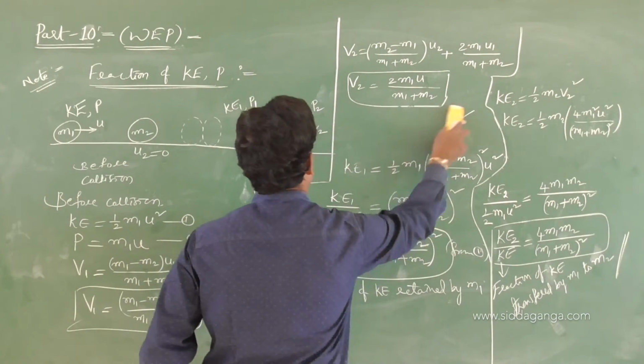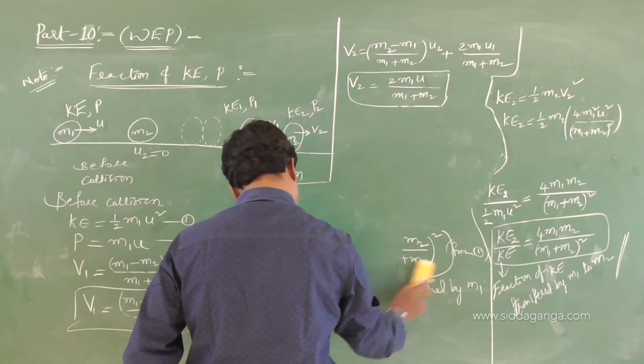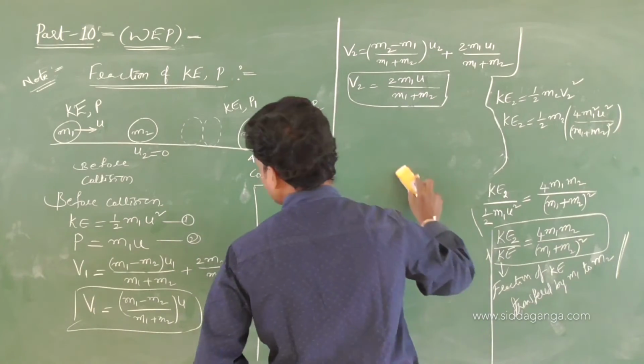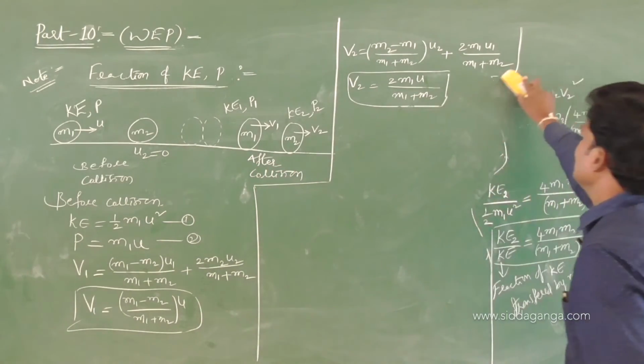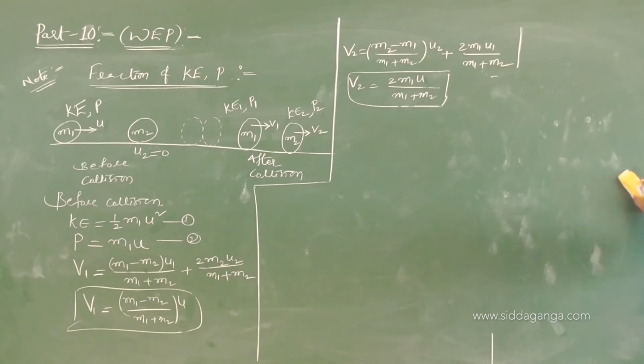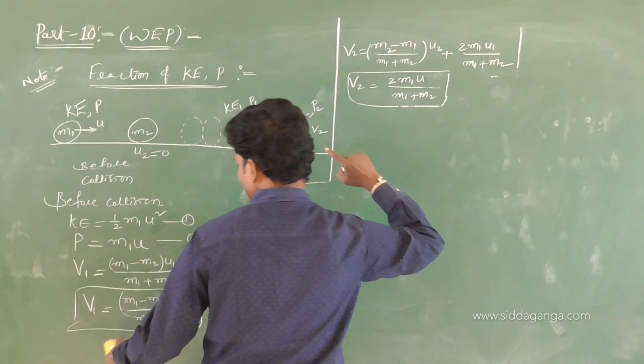See, in the same manner, you try to find the fraction of momentum retained by m1 and the fraction of momentum transferred by m1 to the m2 particle. So follow the same process, try to get momentum. So v1, v2 anyhow it is clear.